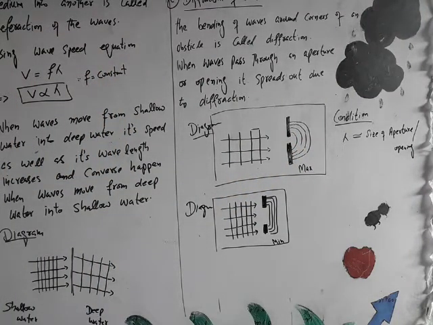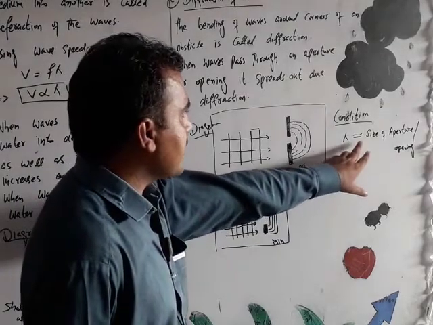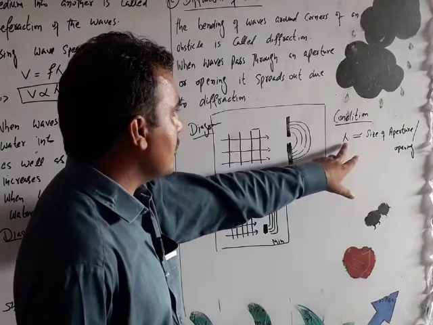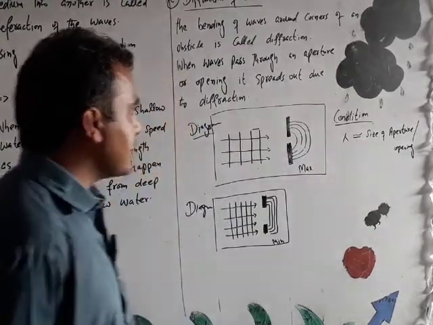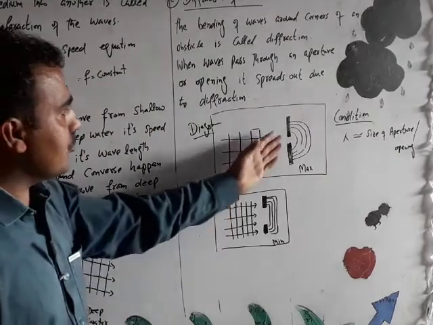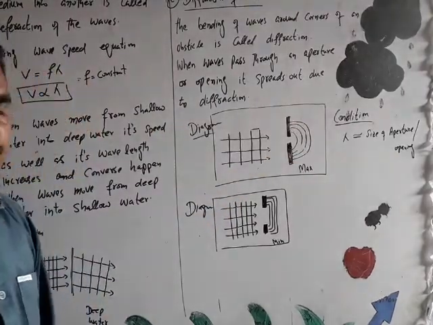In diffraction of the wave, we have a condition which states that if the size of the opening is equal to the wavelength of the incoming wave, then the diffraction will be maximum, that is, the waves will form into circular form around the corners of the obstacle.